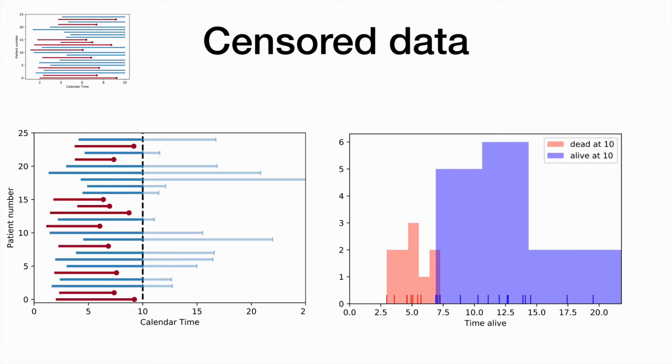The rest of the patients will still be alive, so we don't know what shape they take. This poses a problem for the further analysis. So we need a way to compensate for the fact that the patients are still alive at the end of the study.